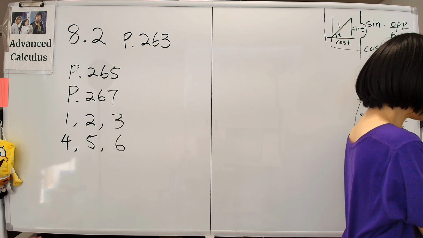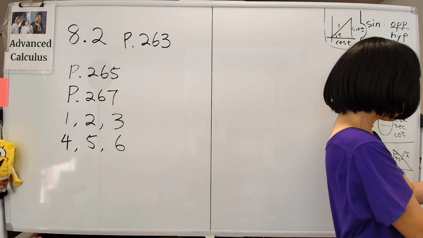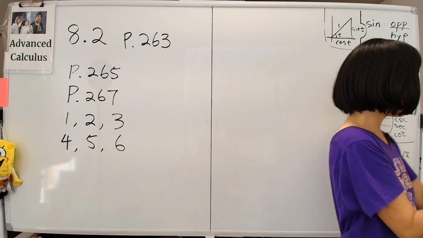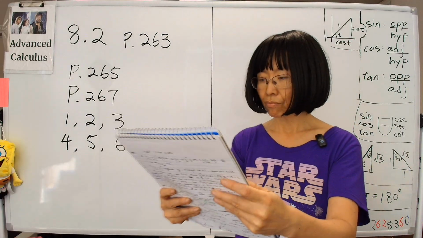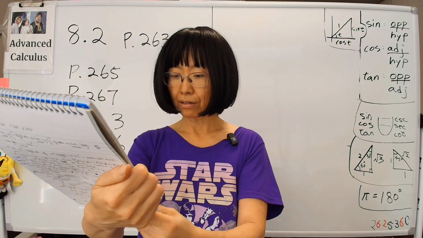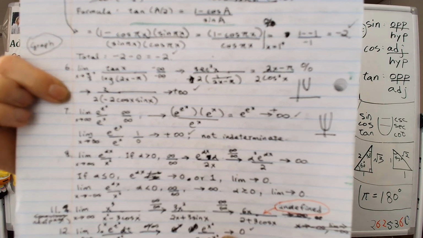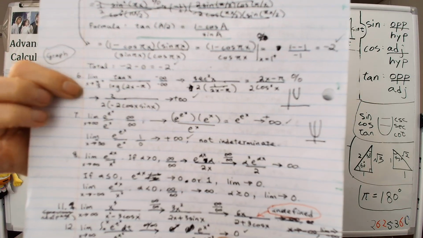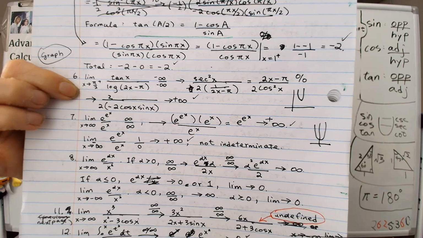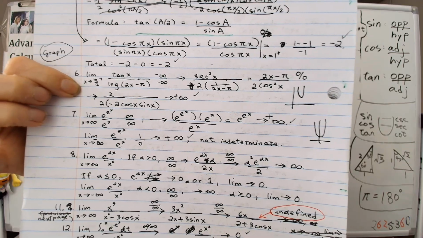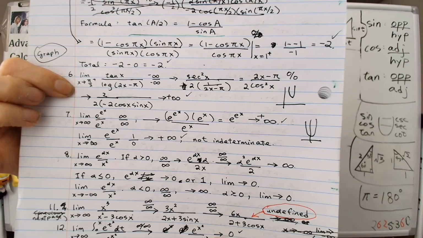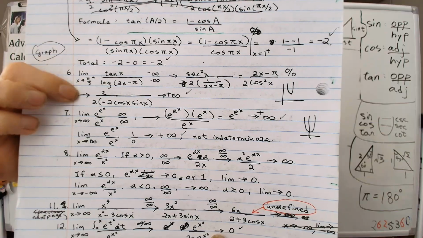So next, let's look at problem 6. Problem 6 is 4, 5, 6. All right. So problem 6, we take a bunch of derivatives, and then tangent goes to secant squared, which goes to, well, it eventually got here.